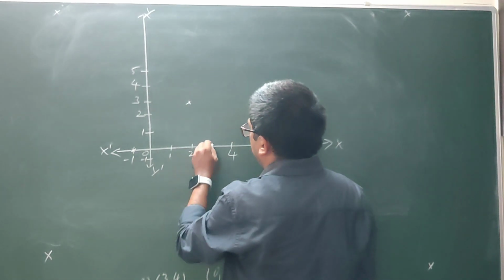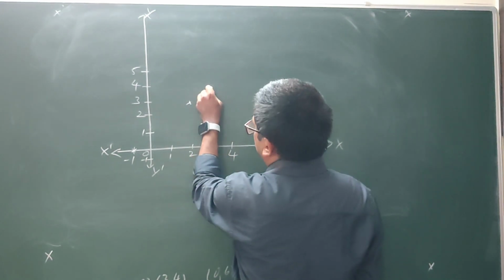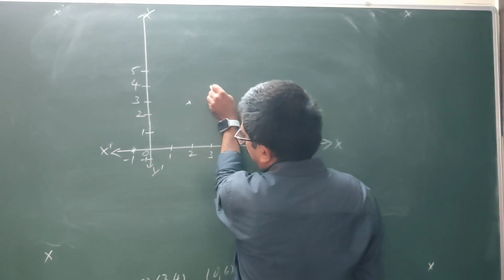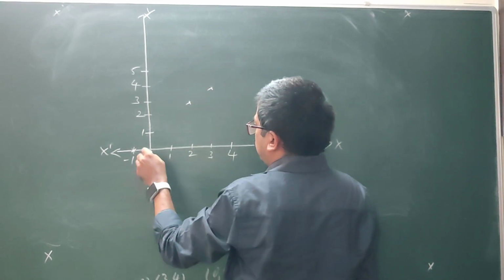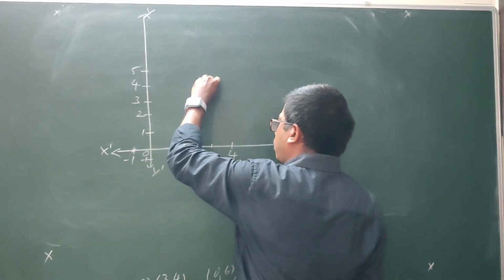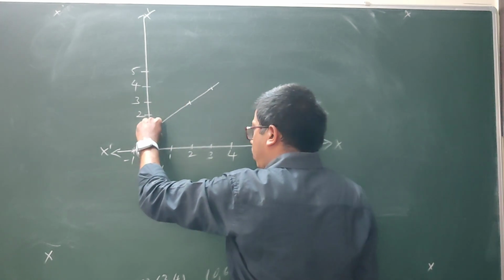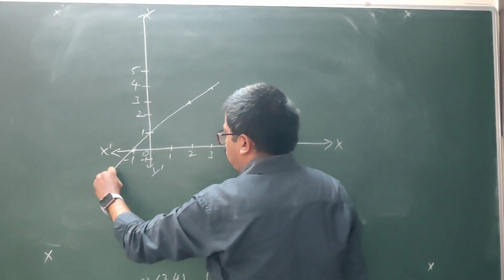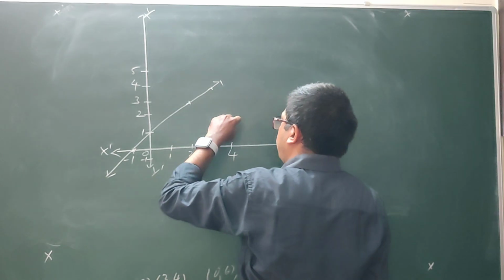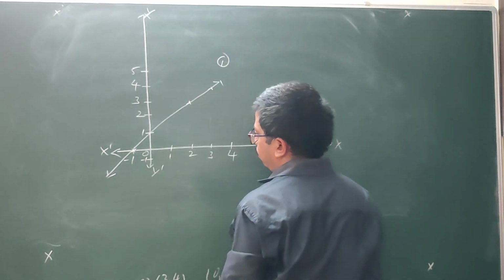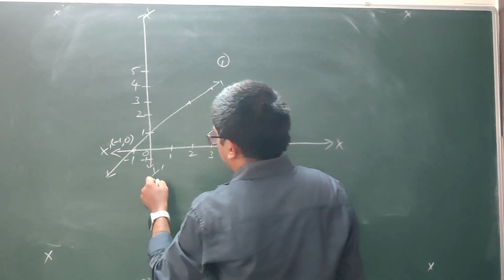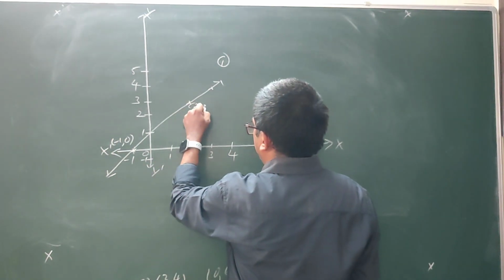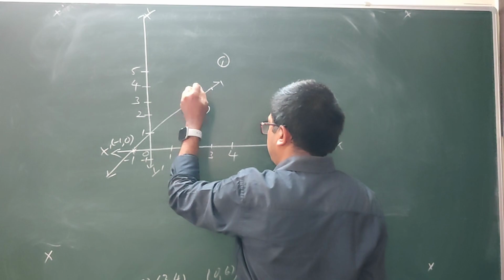Next, 3 comma 4. So this equation 1 is passing through these points on graph. So it is minus 1 comma 0, it is 2 comma 3, it is 3 comma 4.